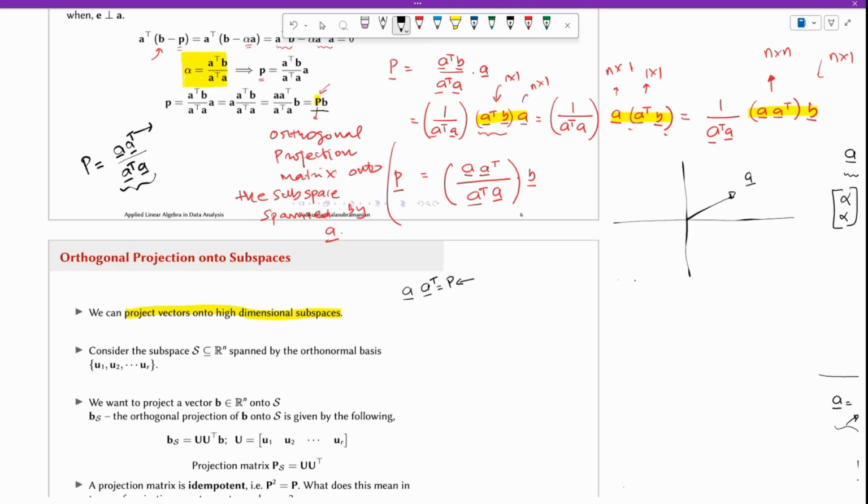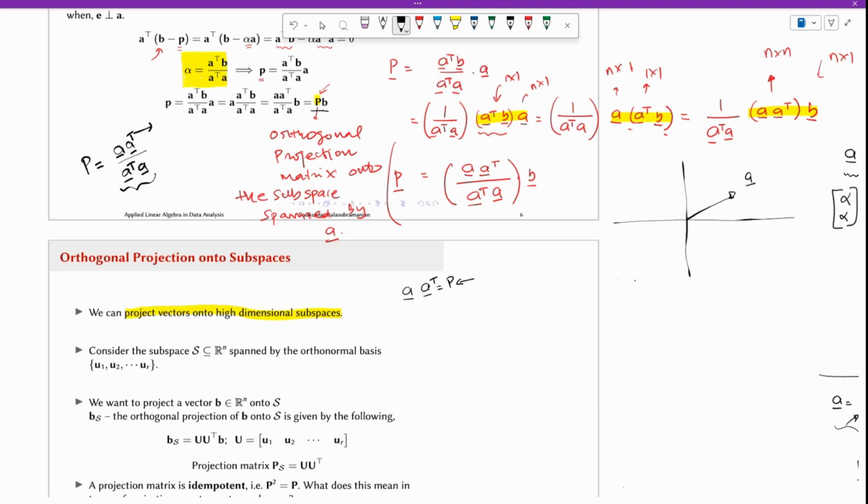The extension of that to higher dimensions is, if you want to do orthogonal projection onto a higher dimensional subspace, what you need is a basis for that subspace. That means if I have an m-dimensional subspace, I need a set of m vectors which are linearly independent and which will span that m-dimensional subspace. If I have that, and if that basis is an orthonormal basis, what does an orthonormal basis mean?